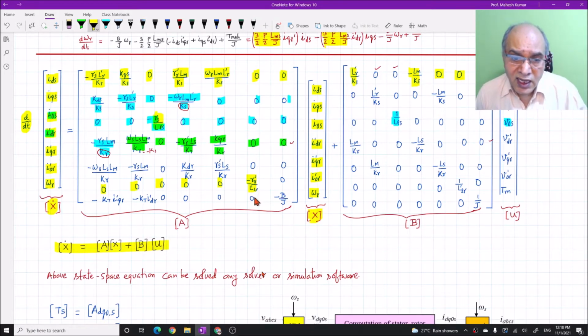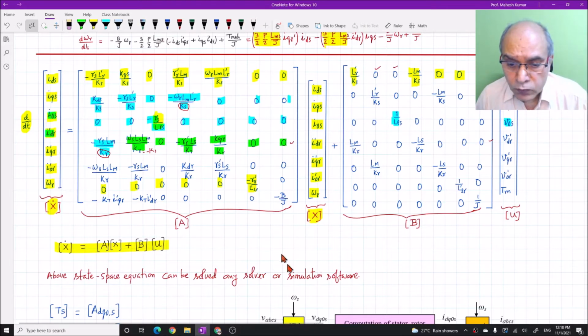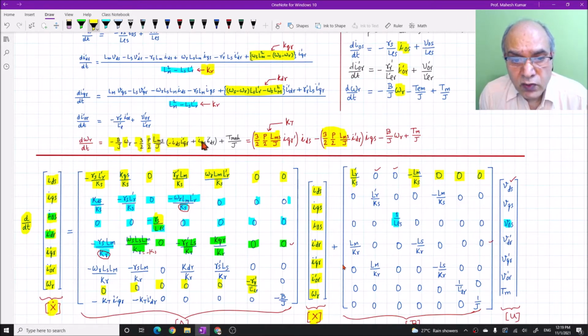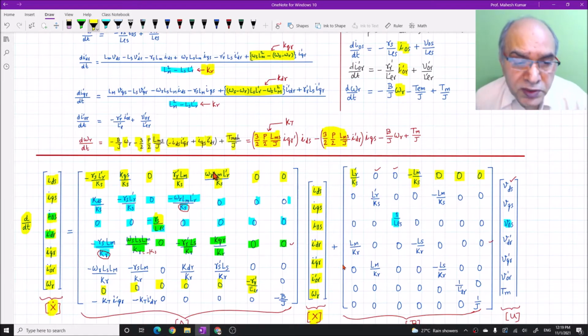And the last row is corresponding to d omega r by dt, and we have proved in the previous class that d omega r by dt is minus B by J omega r minus 3 by 2 into P by 2 into Lms by J into (minus ids iqr' plus iqs idr') plus Tmac by J. This we have proved in the previous class.